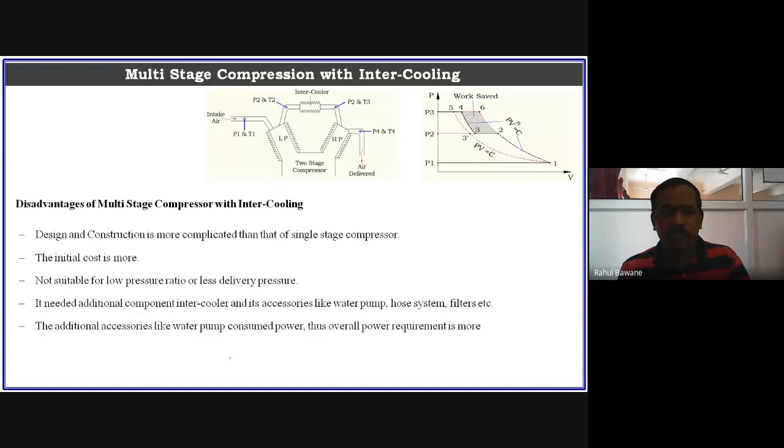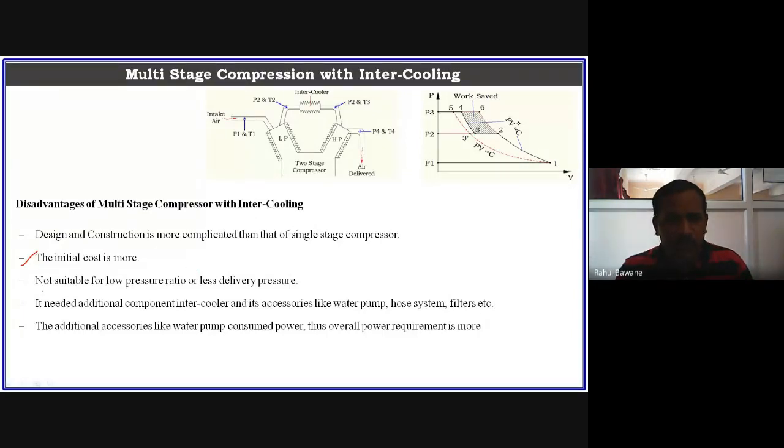So we have to design the crankshaft and connecting rod accordingly, such that once the low pressure cylinder delivers, the high pressure cylinder suction should be there. So the design becomes a little bit complicated. The initial cost is more because the design is complicated, but it is overall less weight, less robust as compared to single stage.